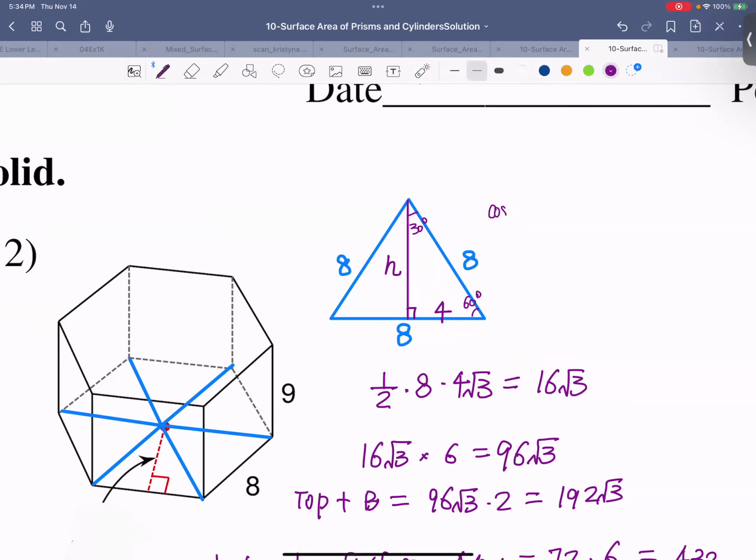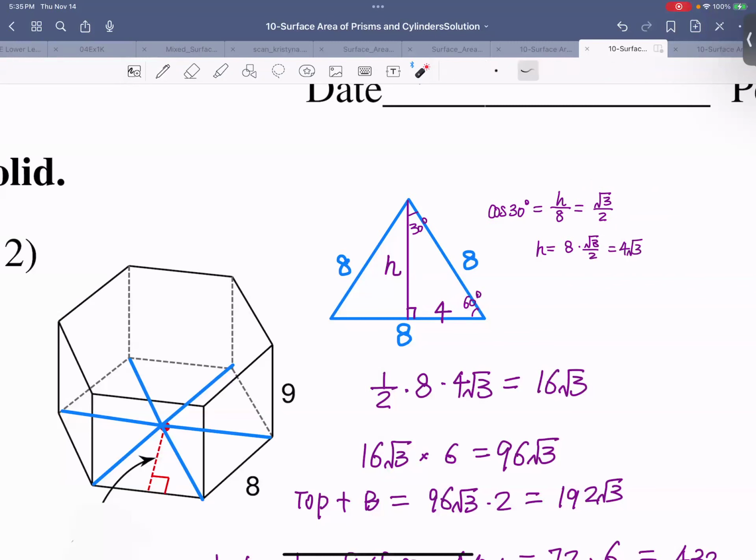Cosine 30 degrees equals h over 8. Cosine of 30 degrees also equals square root of 3 over 2. Good. So h equals this times 8, square root 3 over 2. Yes, 8 times square root 3 over 2, which is 4 times square root 3.